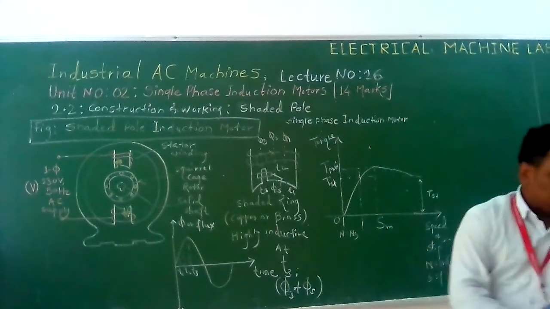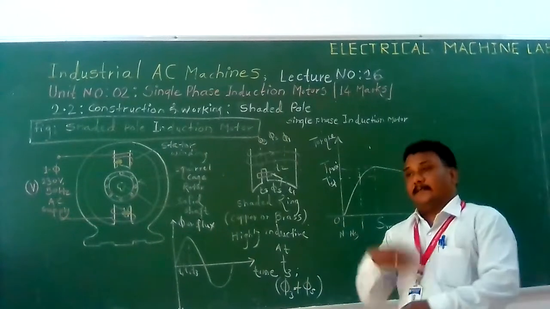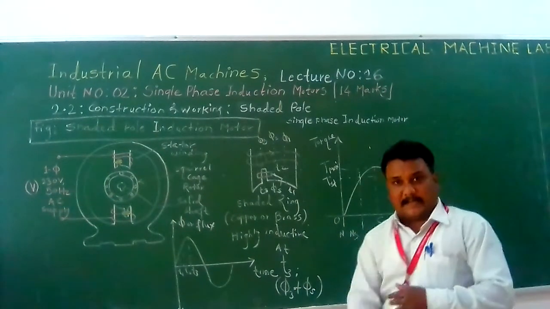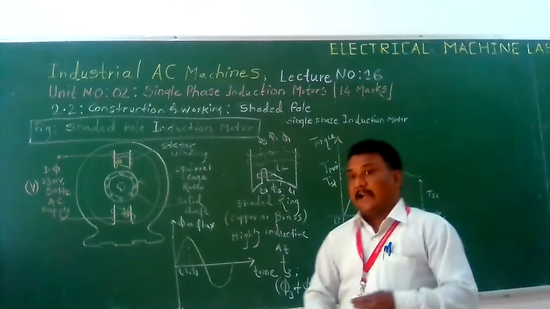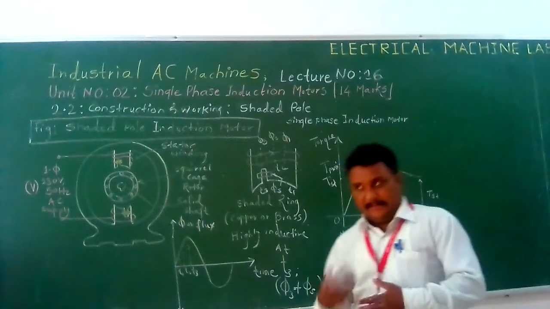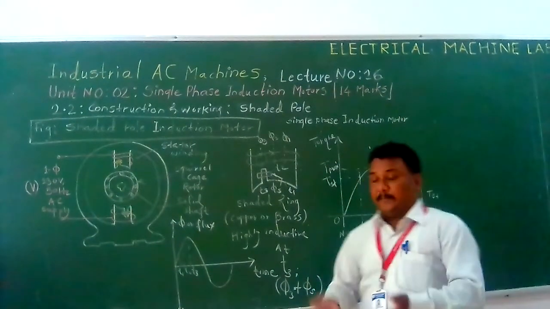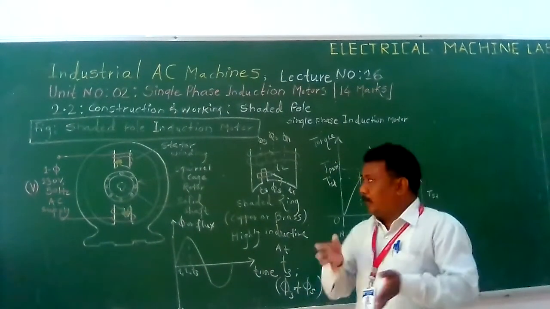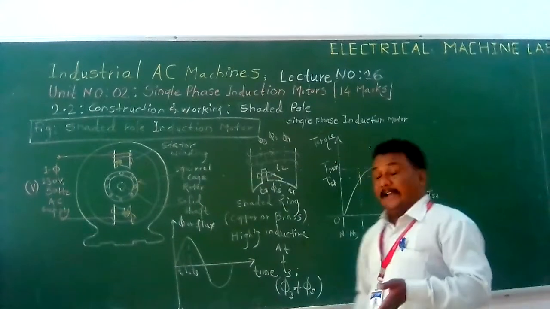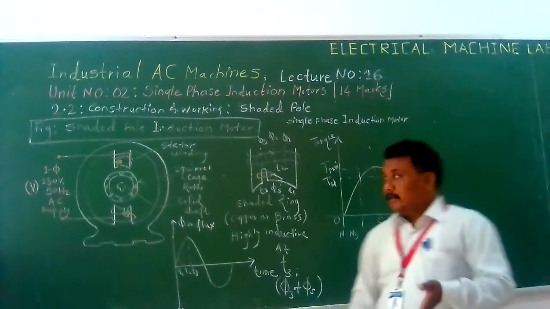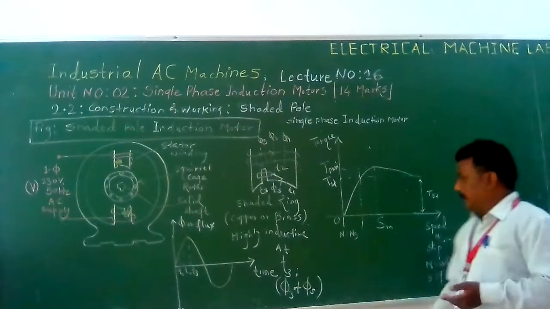So this type of induction motor has a high starting torque as well as high running torque, and this is possible due to split phasing, and split phasing is possible because of these shaded rings. So this is the torque slip characteristic.